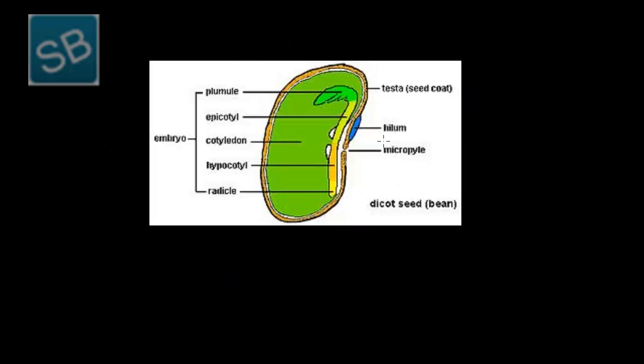As can be seen from the figure, hilum is a scar on the surface of the seed coat through which fruits are attached to the seeds.